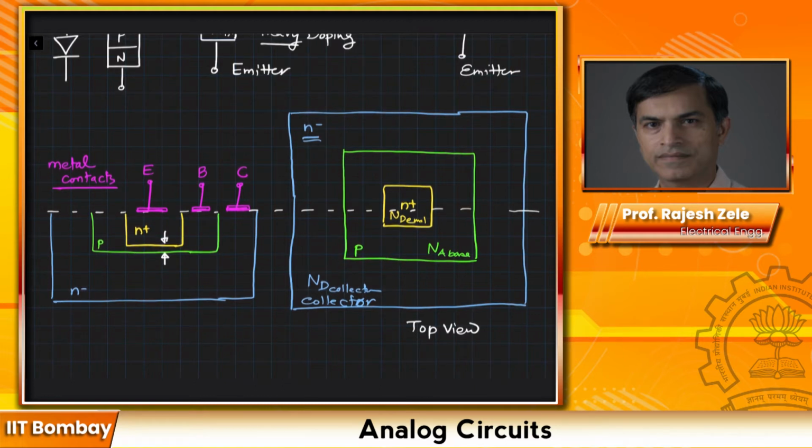There are three modes of operation for the bipolar. So I'm going to illustrate them, and then we will get inside the transistor to see how the carrier transport happens. But before that, let's just look at the bipolar junction transistor at a high level, and then we will dig inside deeper.